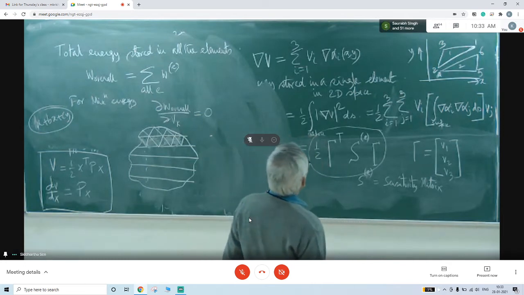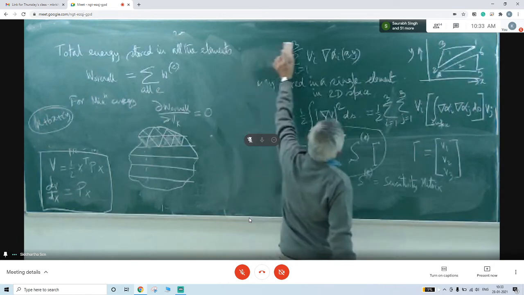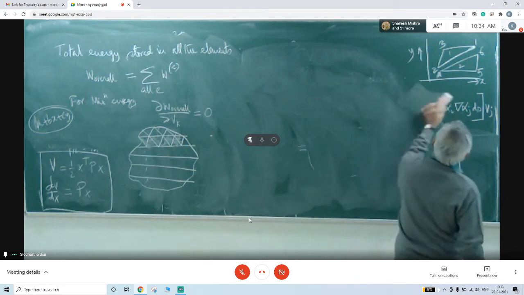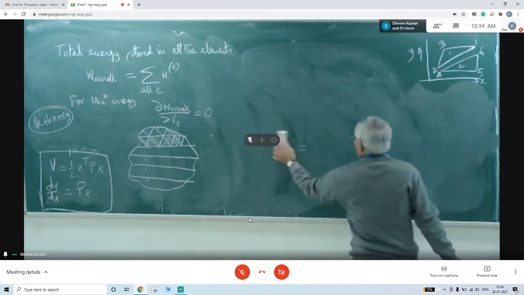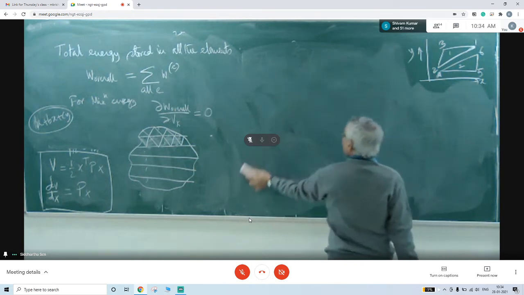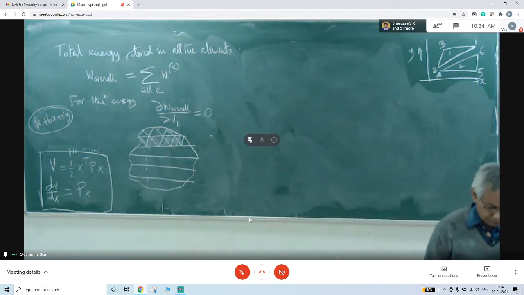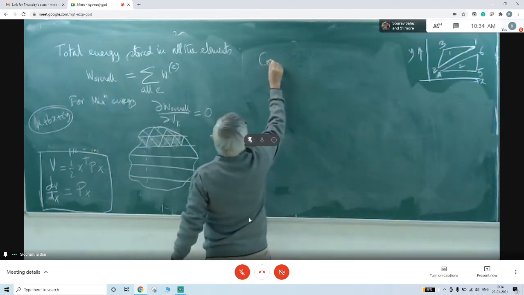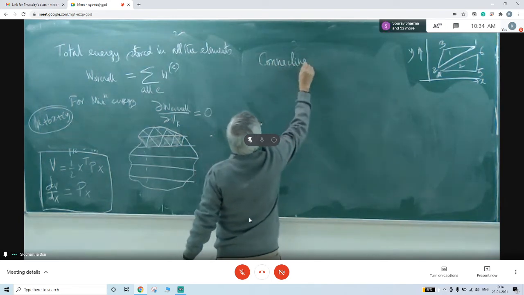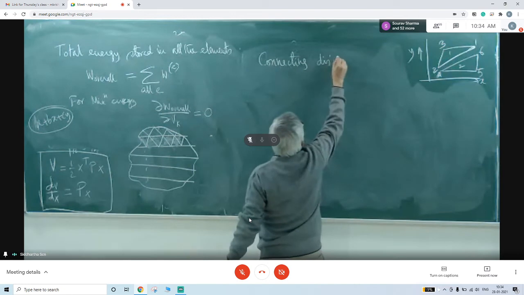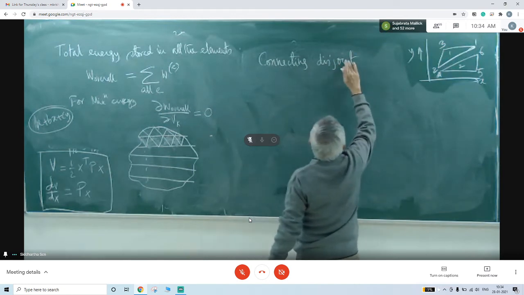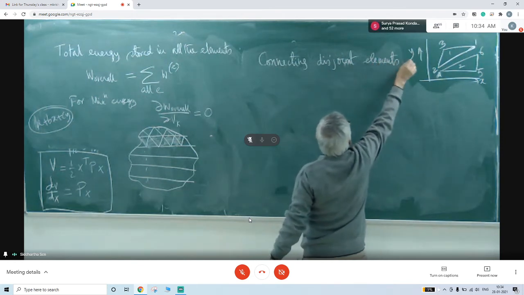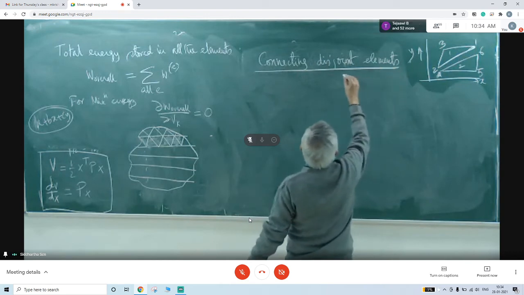But what we can say, connecting disjoint elements.